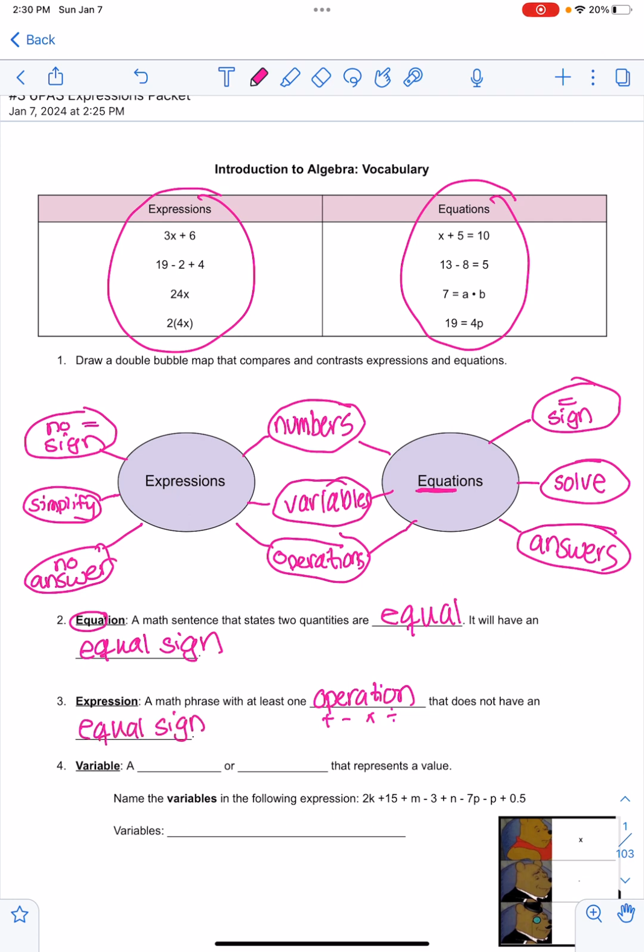So think about an equation as a math sentence. Compare that to an expression, which is a math phrase. So an equation is a more complete thought. An expression is like part of that. This unit, we're just focusing on expressions. We're doing equations during our next unit.